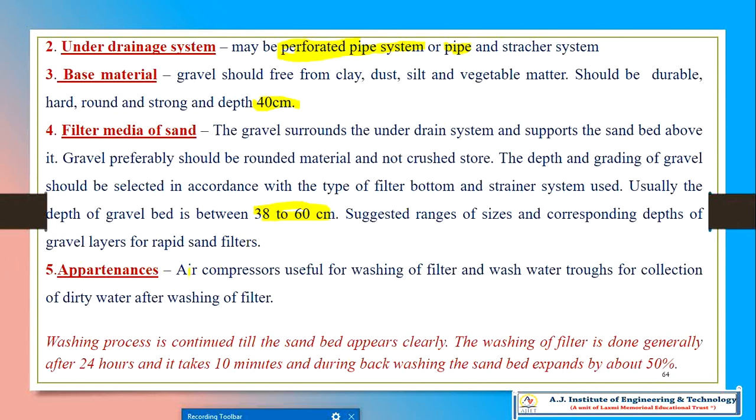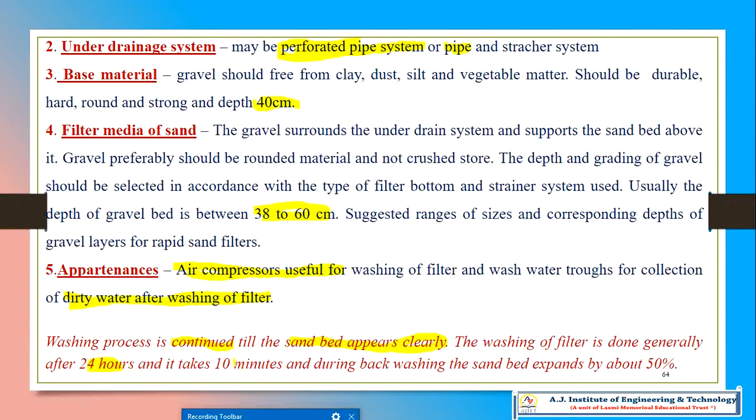Apparatus like an air compressor should be useful for washing the filter, and wash water troughs for collection of the dirty water. Very important: the wash water process is continued till the sand bed appears clearly, and then the washing of the filter is done generally after 24 hours.